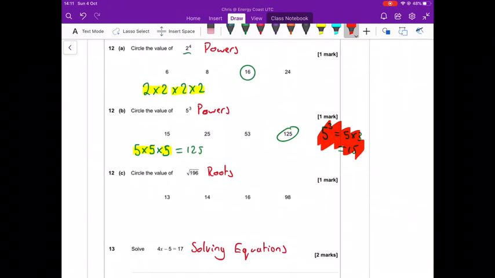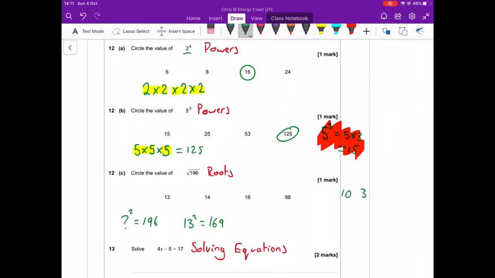This is a bit harder. It's hard to explain this without really just knowing them. Square root means that something, when I times it by itself, has to equal 196, okay? Here's what I'd probably do in the test: I'd probably try and work these things out using a bit of long multiplication, okay? If I do 13 squared, I know that off the top of my head is 169.